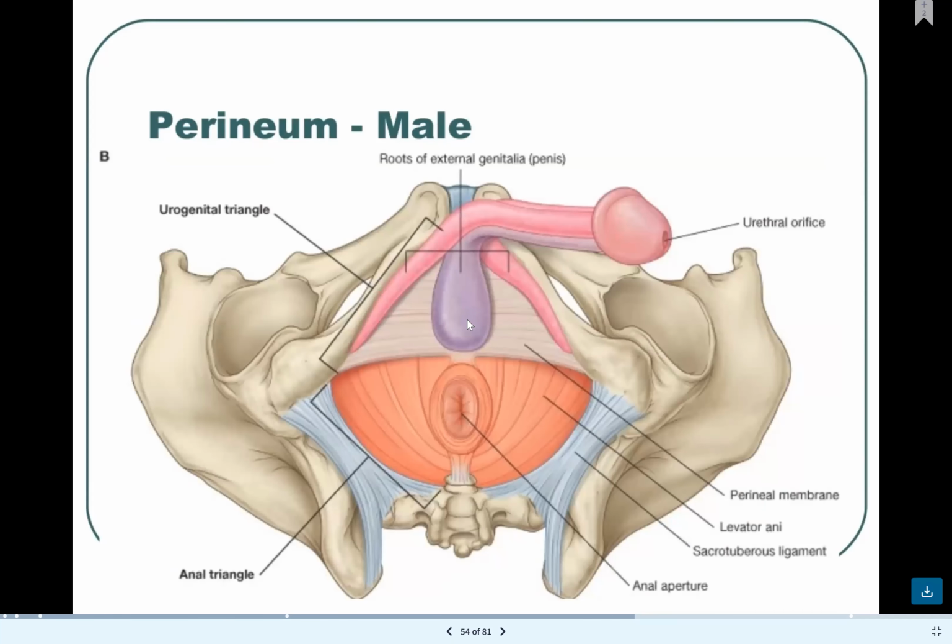But in the male, can you see this is the cavernosa muscle? They continue to form the corpus cavernosum, whilst this one, that's the root of the external genitalia, also continues together with this, and then it forms part of the penis, and that is why the penis is a bit bigger.